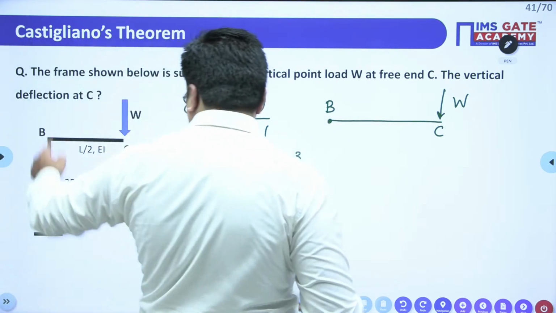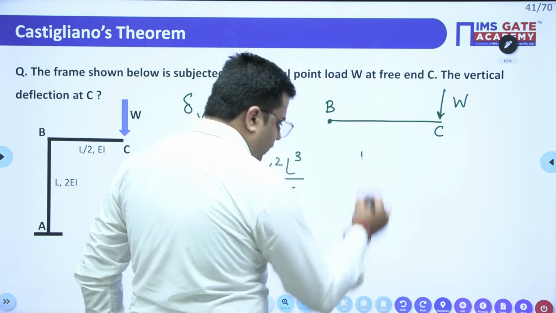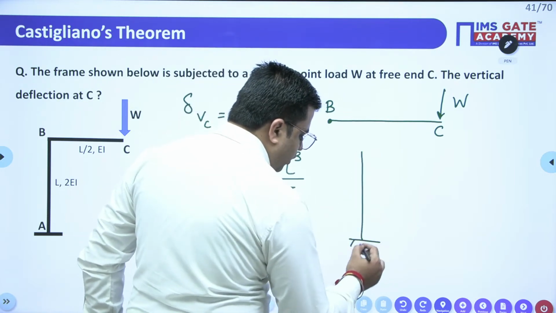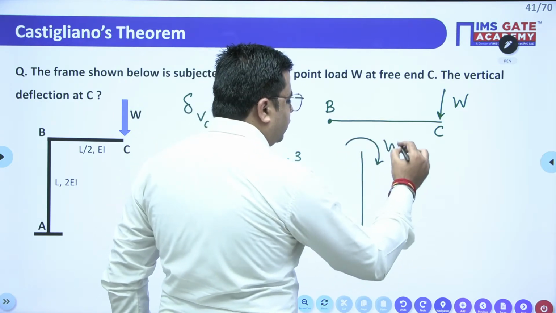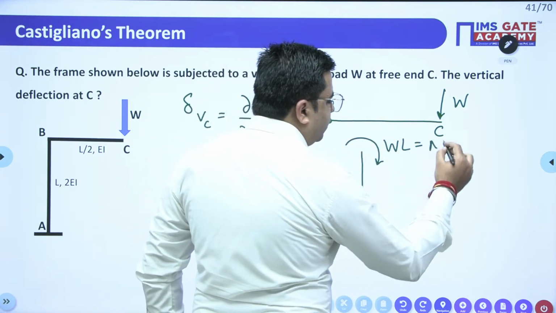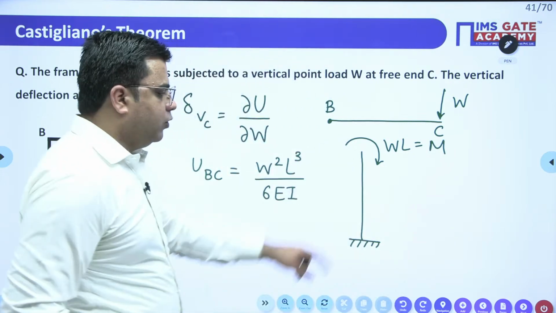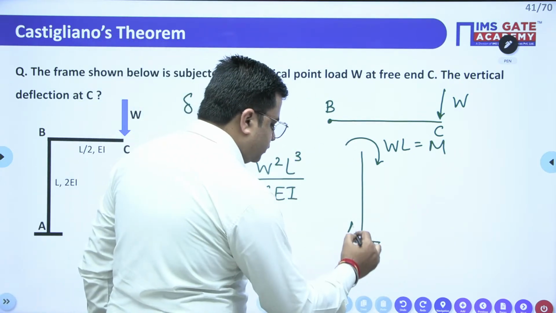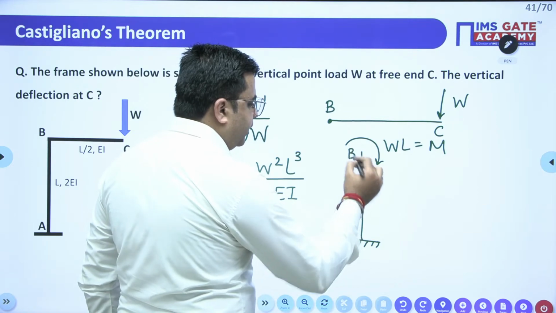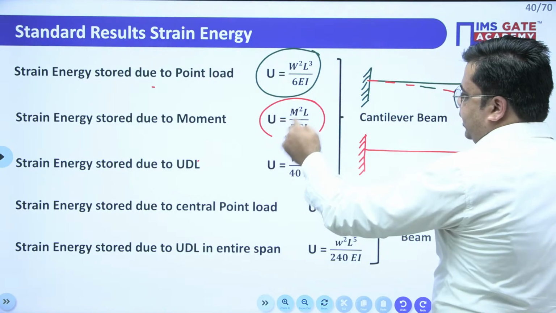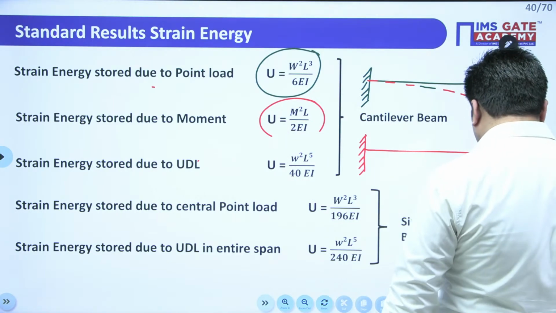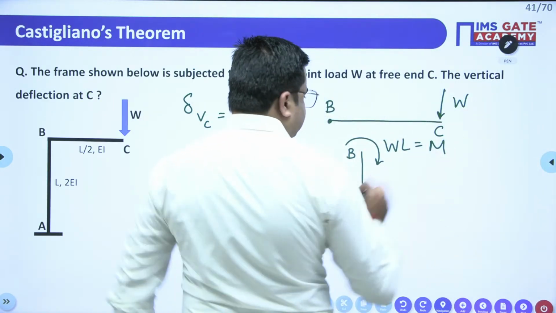When you consider the member AB, this is my member AB. Over this member AB, you will find a moment of W into L acting. Just now you have seen the relation for calculating the strain energy, which is m square L upon 2 EI. So here the moment is WL.